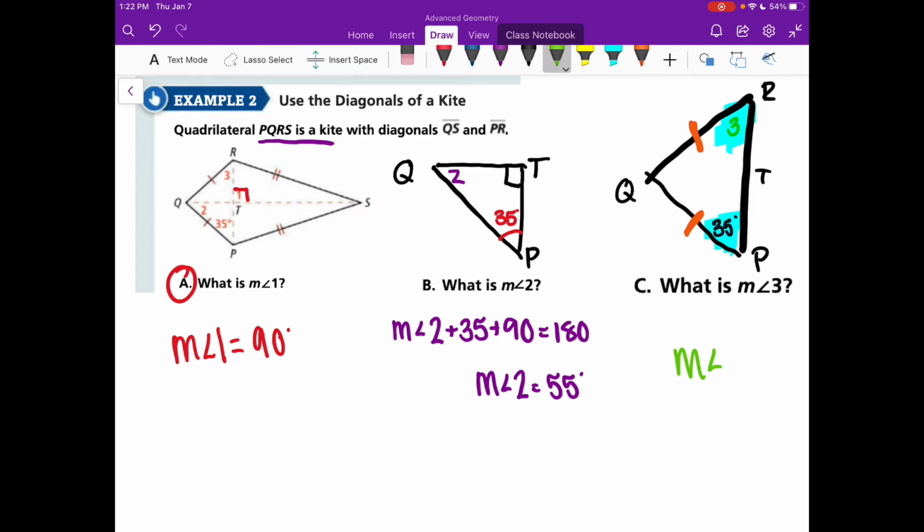So that means that the measure of angle 3 is also 35 degrees. Had to remember a little bit about isosceles triangles and had to visually see that even though this is a kite, it's actually just two isosceles triangles, one here and one on this side. You might need to know that moving forward.